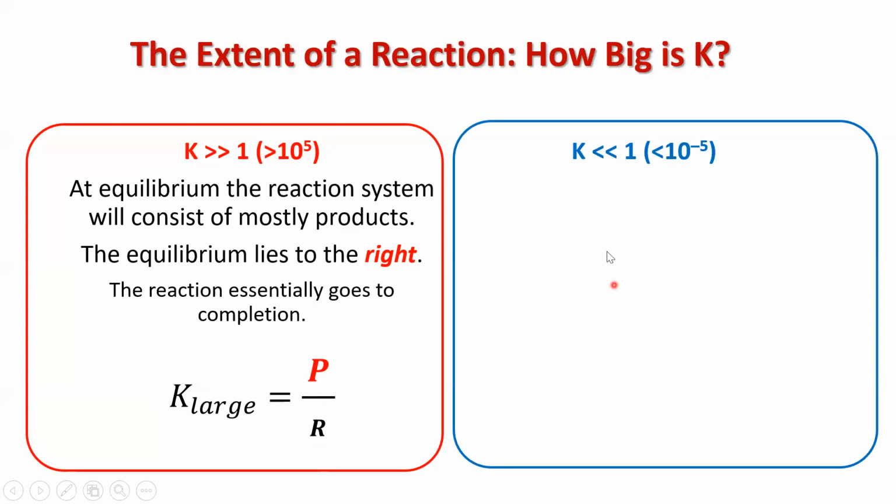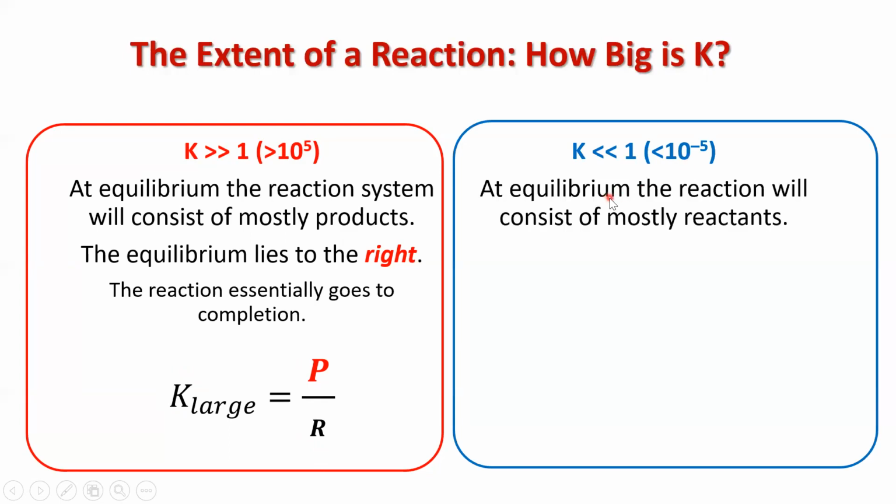Now, on the other hand, if our equilibrium constant is really small, like let's say 10 to the -5 or even less than that, it means that when that particular system reaches equilibrium, it's almost all reactant. It produces very little product before the system actually achieves equilibrium.